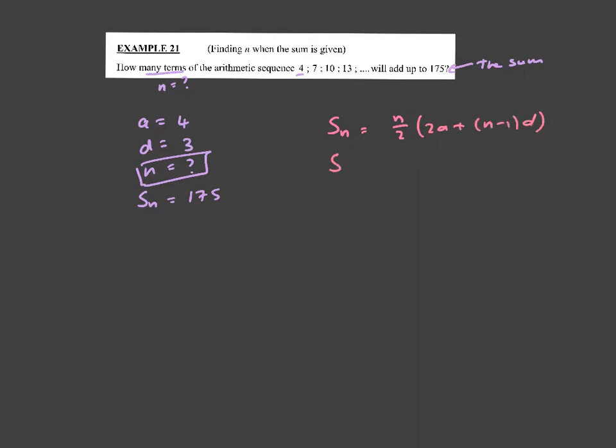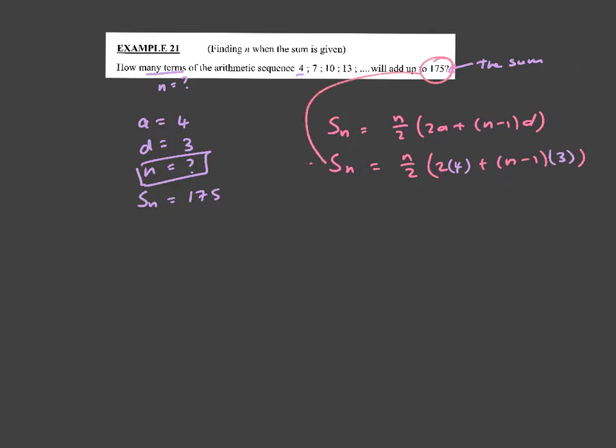The sum of a certain number of terms is equal to n over 2, and then it is 2 times a, which in this case is equal to 4, plus (n minus 1), we don't know what n is, times the common difference, which is equal to 3. But we know what the sum is.